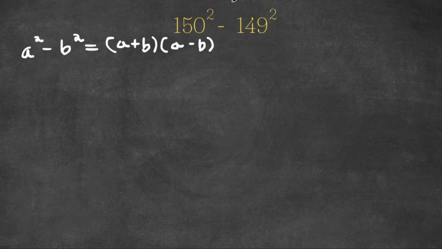So now 150 squared minus 149 squared, well, we can think of A as 150 and B as 149.